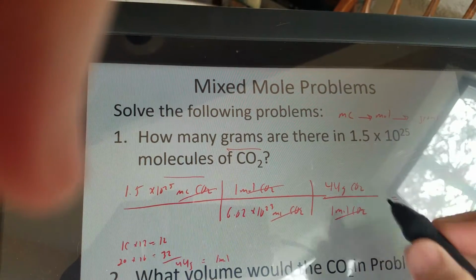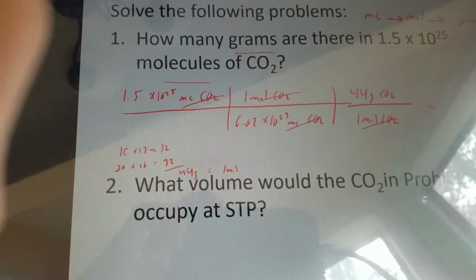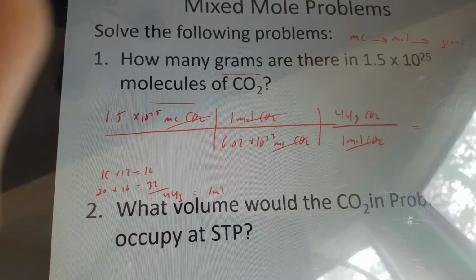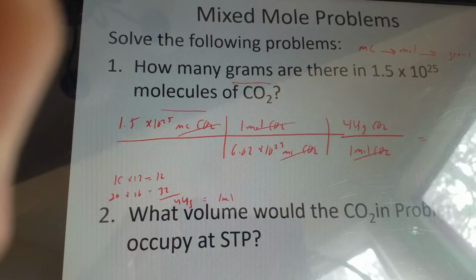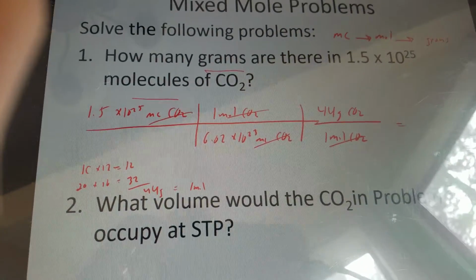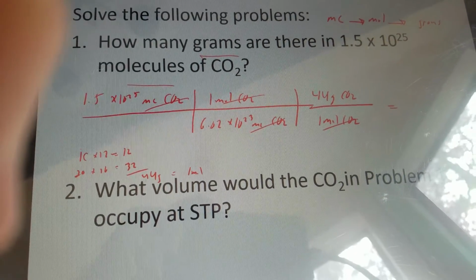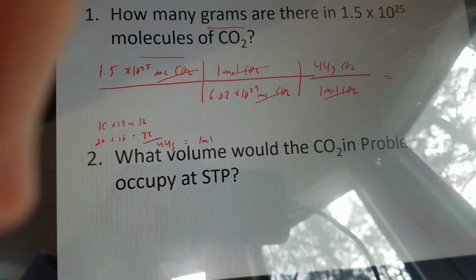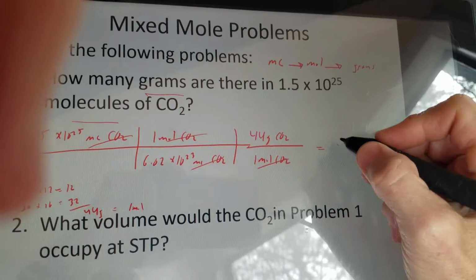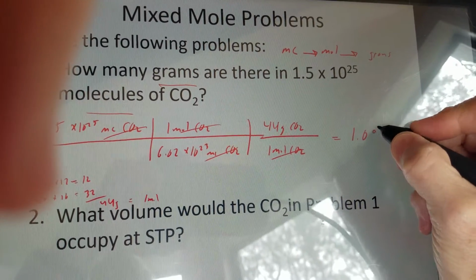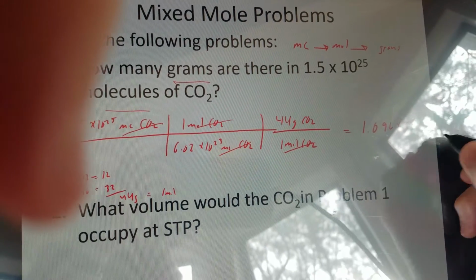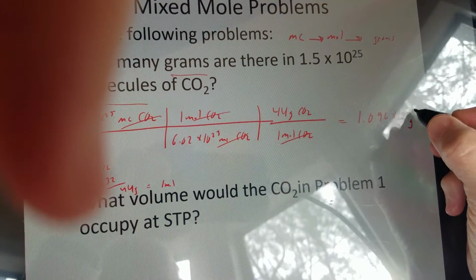You'll be left in grams of carbon dioxide. And now the rest is just putting it into your calculator. So you'd say your 1.5 times 10 to the 25, so use your EE, divided by 6.02 EE 23, and then multiply that by 44, and you're going to get 1.096 times 10 to the 3, and that would be grams of CO2.